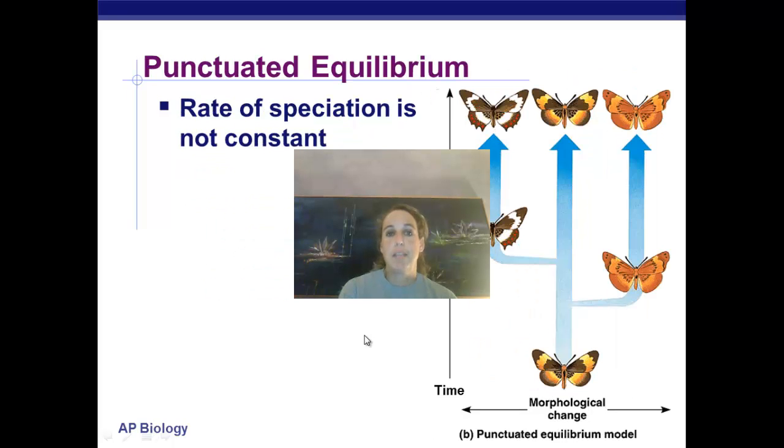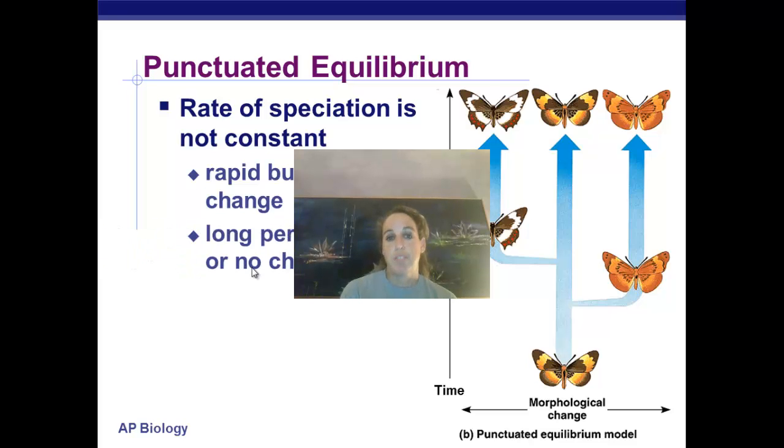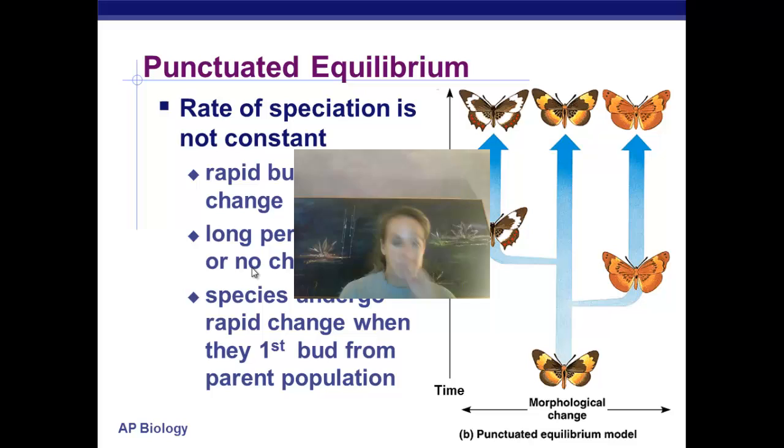The next one is called punctuated equilibrium, and that's when the rate of speciation is not constant. You could go for many, many generations and have everything be the same, then have some sort of environmental change that causes rapid bursts of change. So there are long periods of time with very little change, and then once they break off from the parent chain, there's rapid change in those organisms.